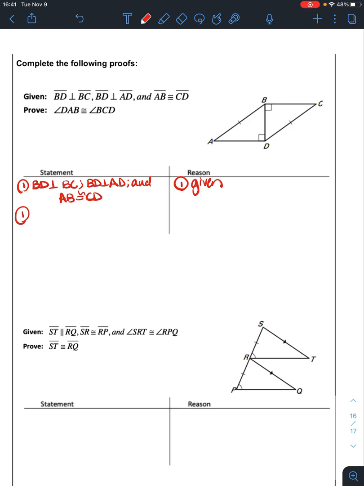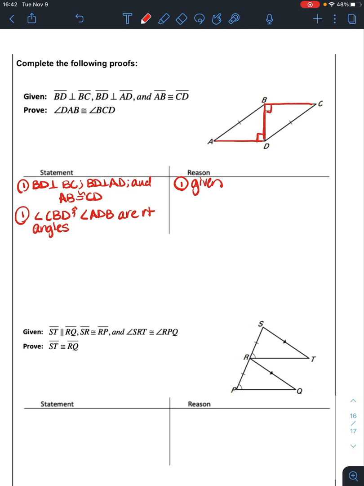So we have step 1: BD is perpendicular to BC. And if BD is perpendicular to AD, then that means that angle CBD and angle ADB are right angles.